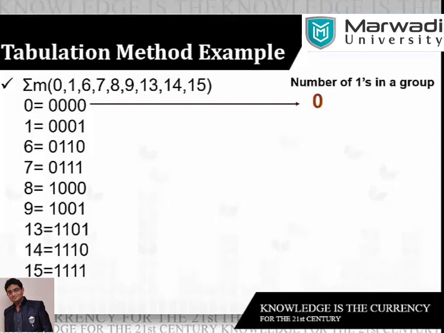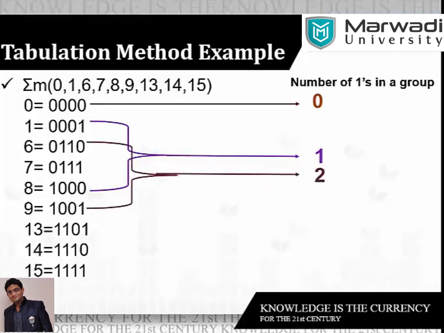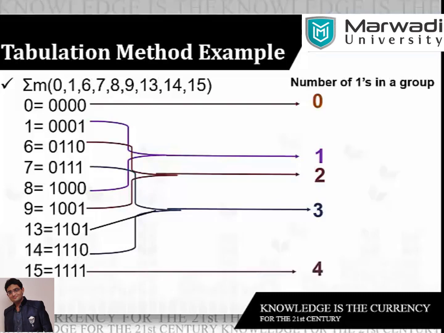That is, the decimal 0 comprises 0 ones in a group. 1 and 8 comprise a single 1. Decimal 6 and 9 comprise two ones. Similarly, 7, 13 and 14 comprise 3 ones, and 15 comprises 4 ones.